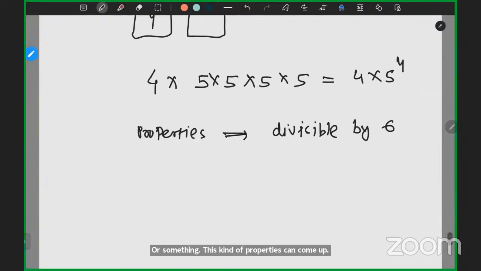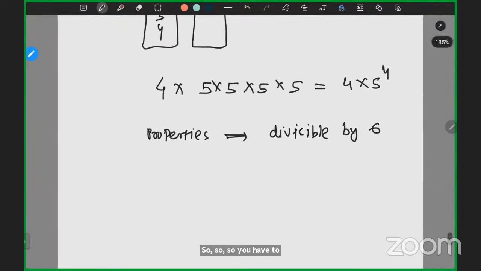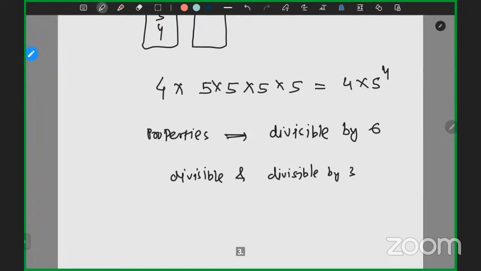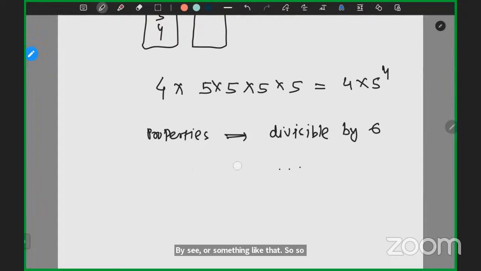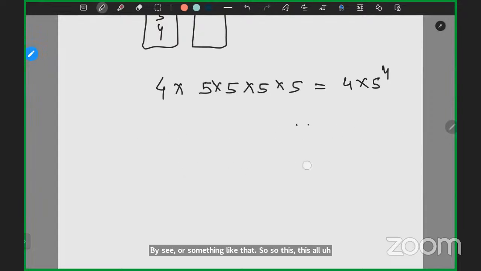So you have to see the properties of 6, like a number is divisible by 2 and by 3. All these properties might help sometimes. If I had an example, I would have solved it.